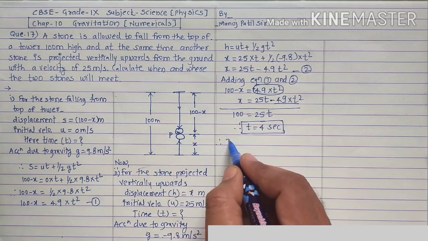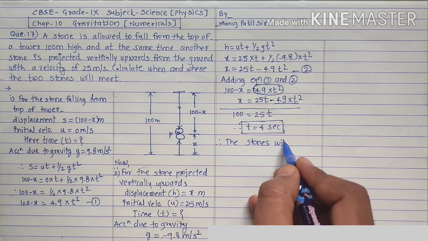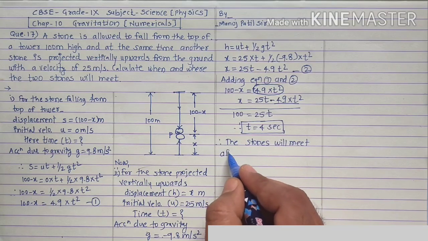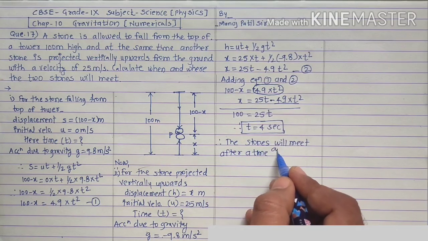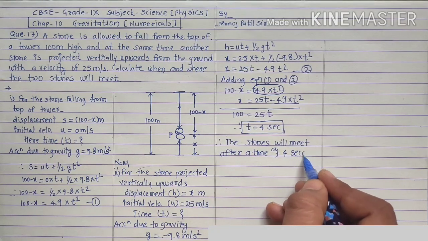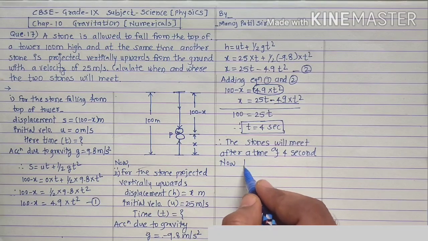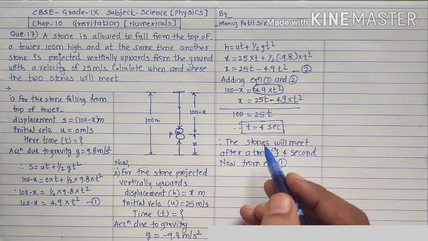Understood? So we'll write here the stones will meet after a time of 4 seconds. Now from equation 1, we want to find the value of x.